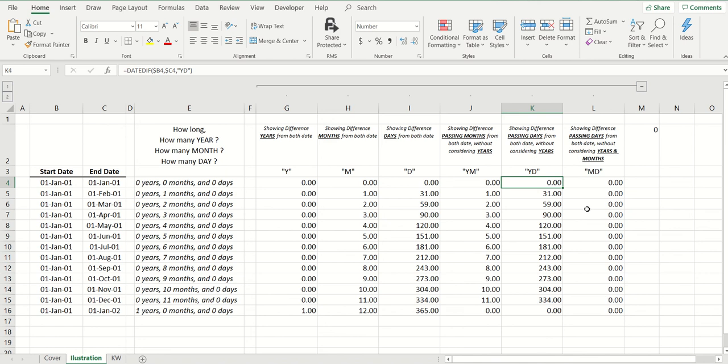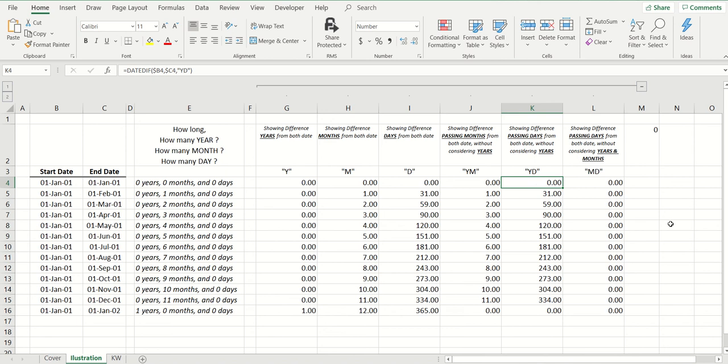The explanation between D and YD is quite similar to the difference between H and G, because in column K, with the format YD, the formula does not consider the year.